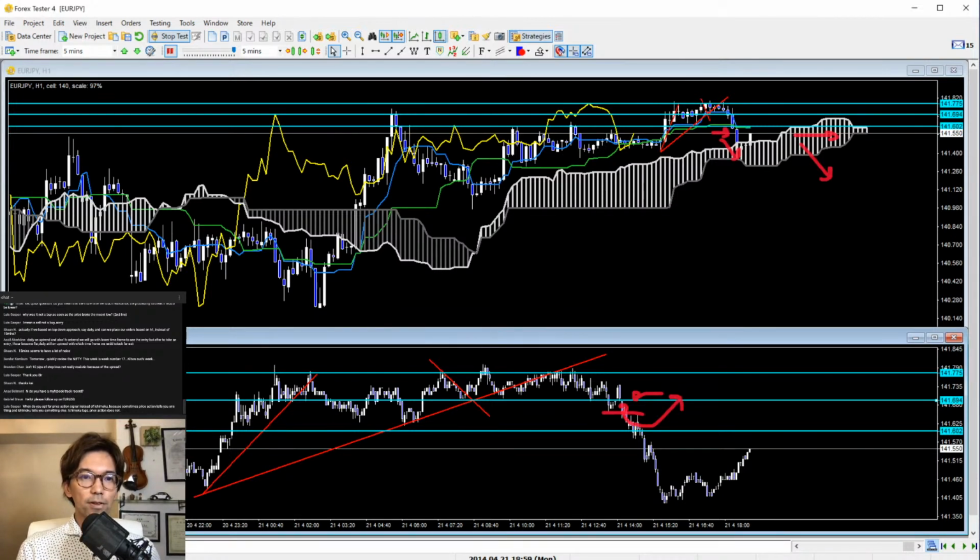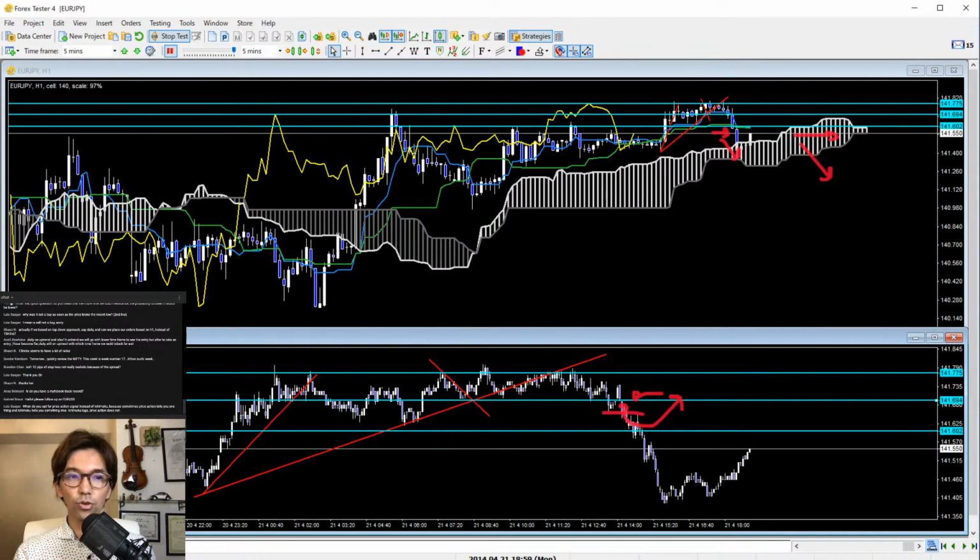If you want to catch the current market move, then you better look at the price action. But if you want to see the equilibrium point in the market, or whether it's a stable uptrend or downtrend in the short term, mid term, or long term, then you better use Ichimoku.